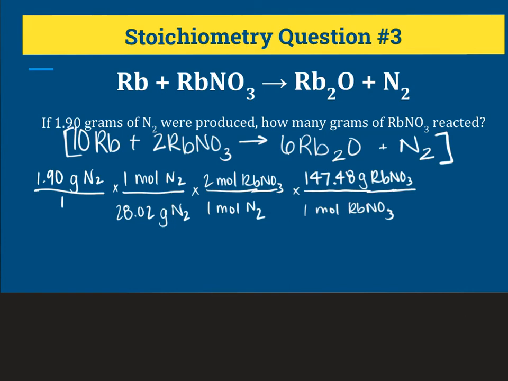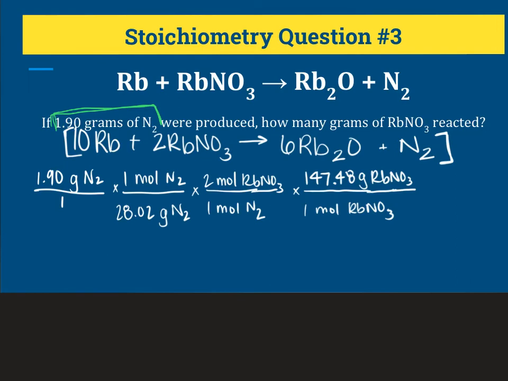All right, so I went ahead and put all of the work written out here, although we don't have a final answer yet. We'll go through each step though. We start with the 1.90 grams of N2. That was our only given, so we only had one option as to how we would start. I went ahead and just threw that over 1 to make our fractions all line up and make our math look good.